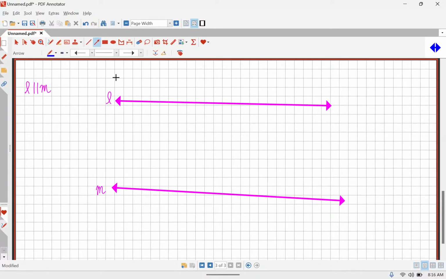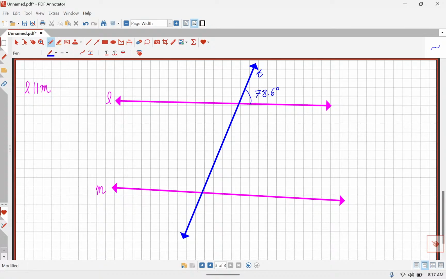Now we're going to cross those two lines with a line that I'm going to call T. That's the transversal. We cross them with a transversal. And I'm going to tell you that the measure of this angle is 78.6 degrees.